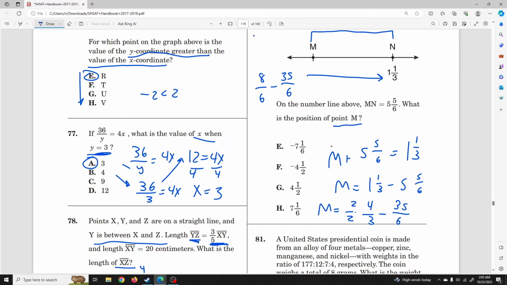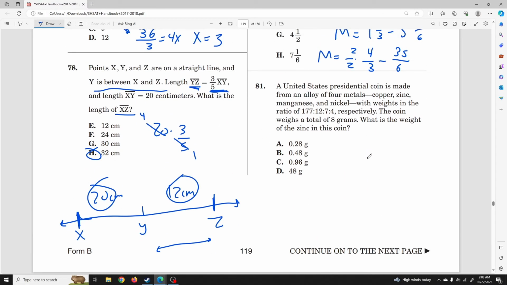This is equal to 35 minus 8, which is 27 over 6. Actually, I feel like I did a problem wrong there. Oh, sorry, it's 27. 27 over 6, sorry, this is all negative. Negative 27 over 6 because it's a smaller number minus a bigger number, which is equal to 4 1/2, or 4 3/6.